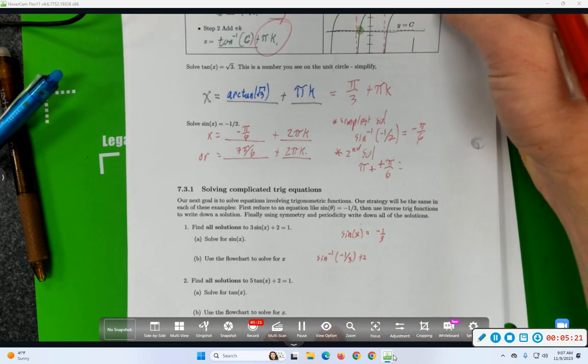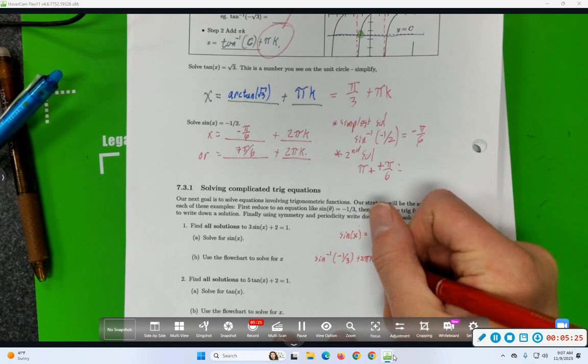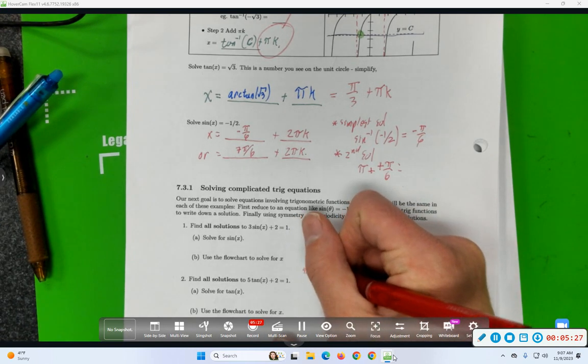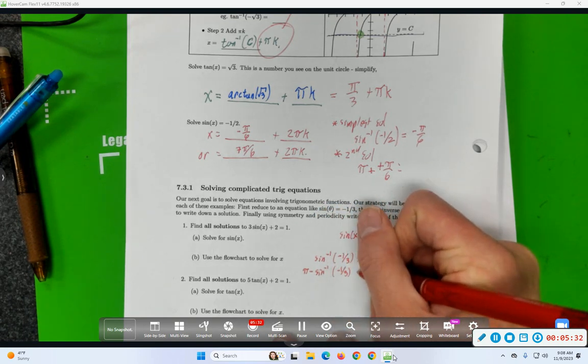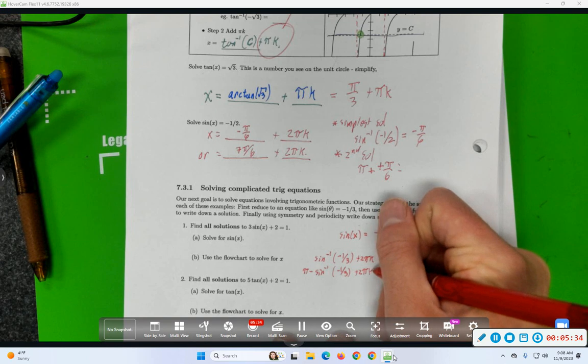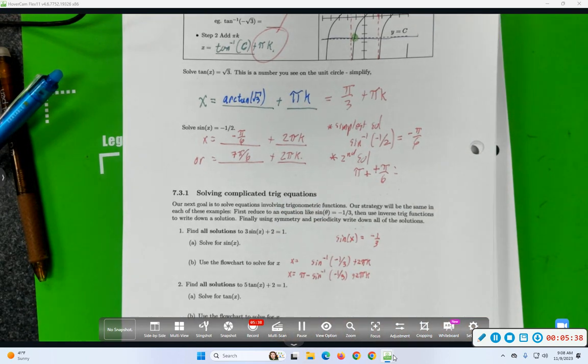Oh yeah, absolutely. Inverse sine of negative 1 third plus 2 pi k. Pi minus inverse sine of negative 1 over 3 plus 2 pi k. So there are 2 infinite families of solutions, and they're just handed to us.